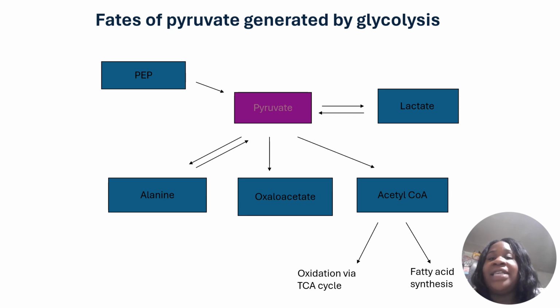You then have amino acid synthesis. Pyruvate is an important precursor for the synthesis of certain amino acids. For example, you have alanine, which is synthesized from pyruvate through a transamination reaction catalyzed by alanine aminotransferase. Moreover, pyruvate serves as a precursor for the synthesis of other amino acids, such as serine and glycine, through various biosynthesis pathways.